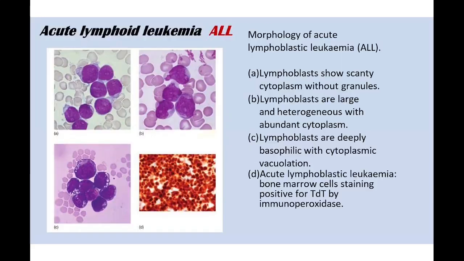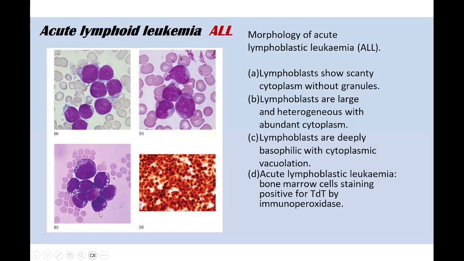Then imaging tests. We can see here some morphological changes in ALL. In the first picture, the lymphoblast shows scanty cytoplasm without granules. Here, lymphoblasts are large and heterogeneous with abundant cytoplasm. You can compare these two pictures: scanty cytoplasm without granules, here abundant cytoplasm.